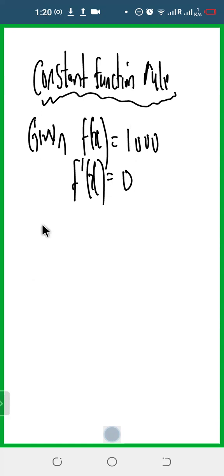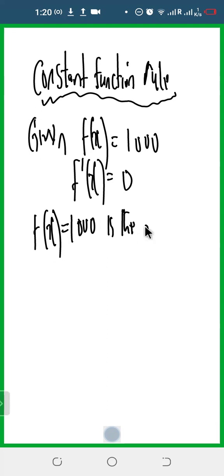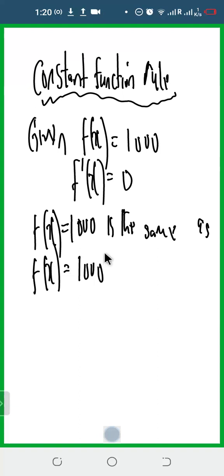Note that f(x) equal to 1000 is the same as f(x) equal to 1000 x raised to power 0.